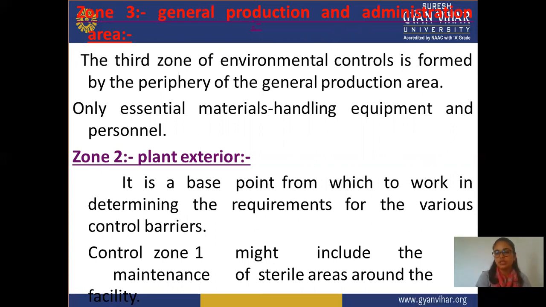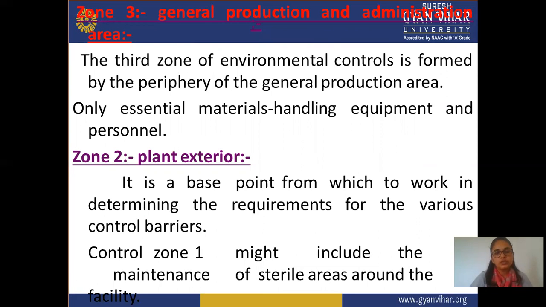In a production area you should maintain proper handling and essential conditions for production, and only required equipment and personnel come in or are present in the area. Otherwise, only the required material or required personnel are present in zone 3, the general production and administration area.